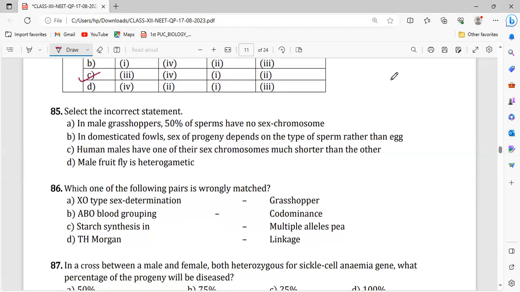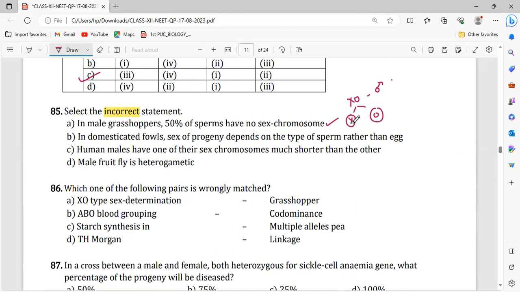Then 85. Select the incorrect statement. In male grasshopper, 50% of the sperms have no sex chromosomes. Yes, because X0 will be male. So during gamete formation, they will segregate. Right?